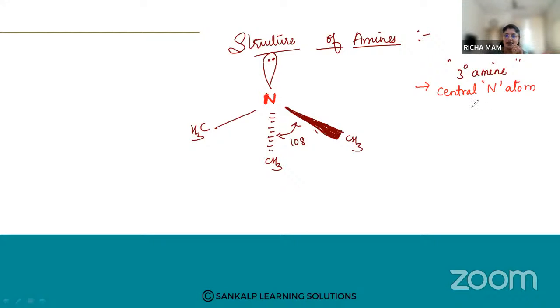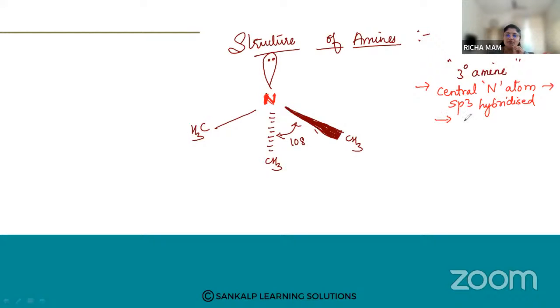And this nitrogen atom is what? It is sp3 hybridized. What do you mean by sp3 hybridized? Around the nitrogen, if you have all single bonds like this, it is called sp3 hybridized. It does not have any double or triple bond. So the central nitrogen atom is sp3 hybridized.